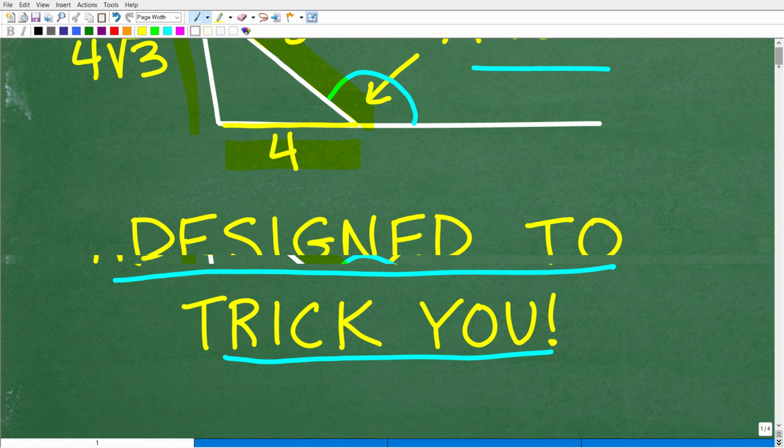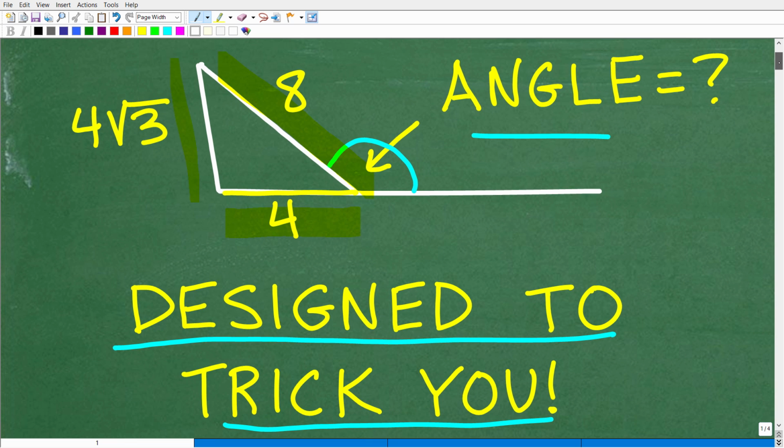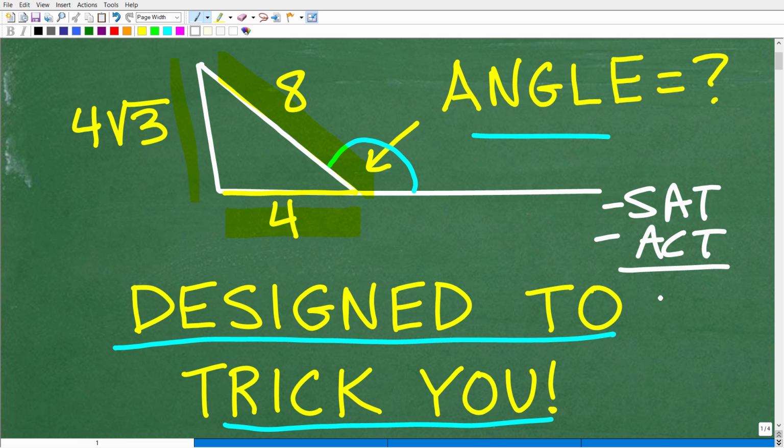Okay, now before I show you the answer here, why would I create a question that is designed to trick you? Well, what we're trying to do here is practice avoiding making mistakes on a lot of important exams. And this kind of comes up in big exams like the SAT or ACT exam, if you're familiar with these. These are college entrance exams.